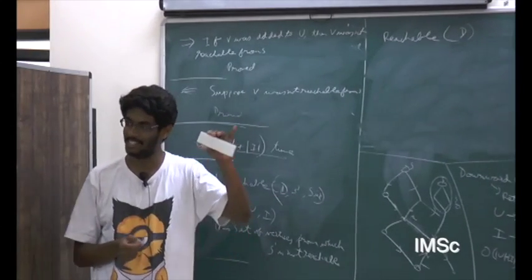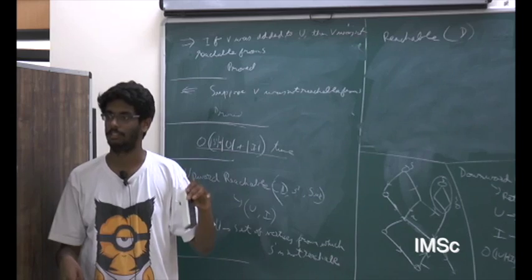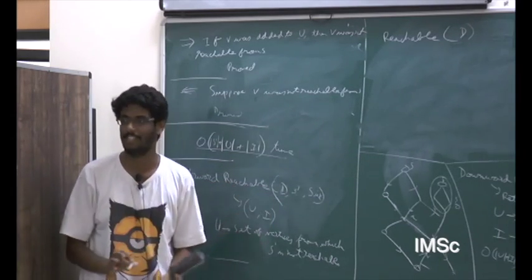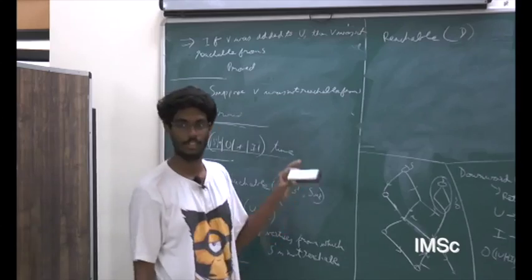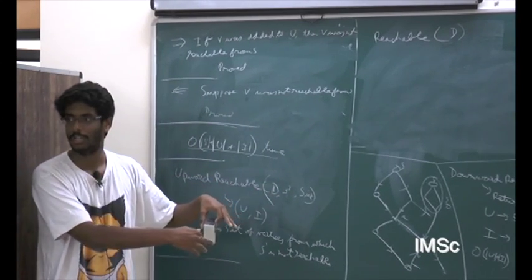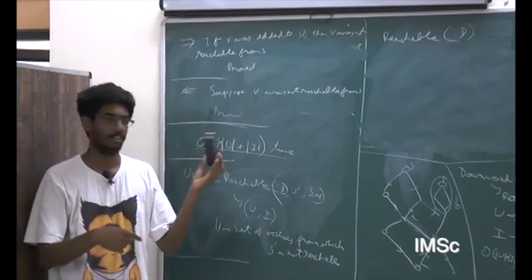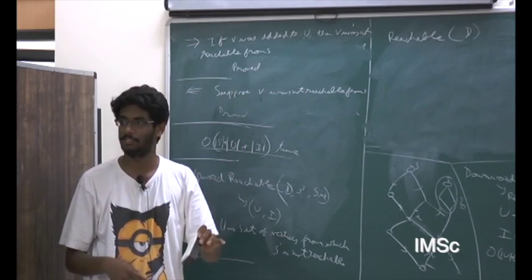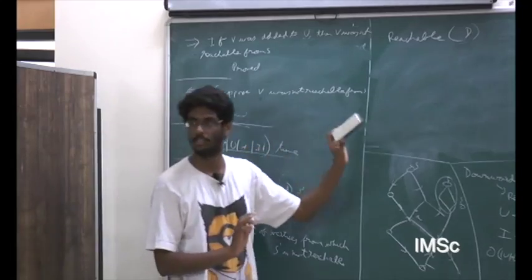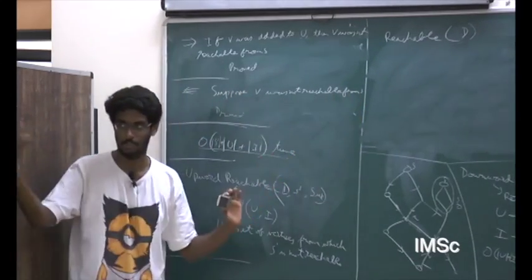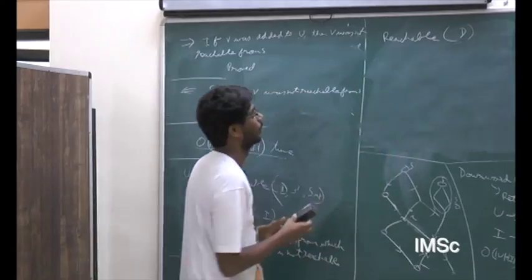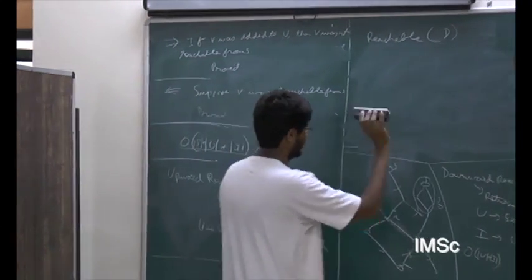We'll have one designated source and one designated sink. For notation, we just call upward reachable of D, and it'll be clear what S is. Downward reachable of D. And we'll take the union of these two and get those vertices which are either not reachable from S or don't have a path to S prime. That is called reachable. I'll get to this when we do that, I'm just giving a heads up right now. It's called reachable of D.